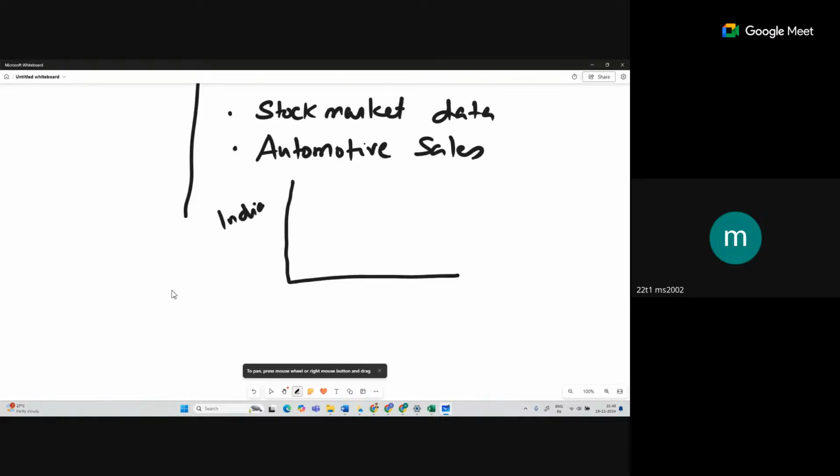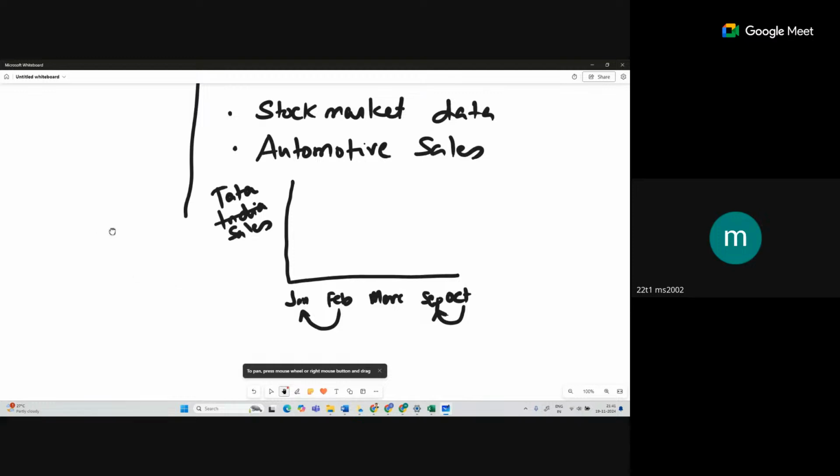Let's take Tata Motors sales collected in 2024: January, February, March, all the way till October. Here the difference between February and January is the same as the difference between October and September. So you collect data over regular intervals of time. It could be weekly, monthly, quarterly, half yearly data, and so on and so forth.